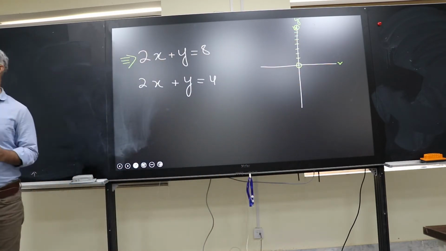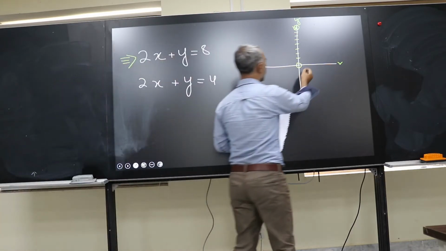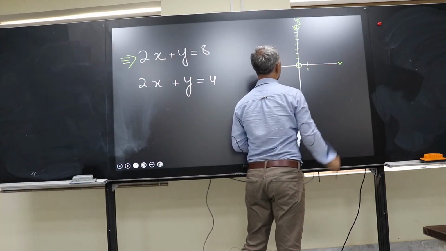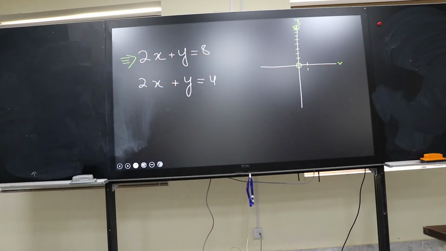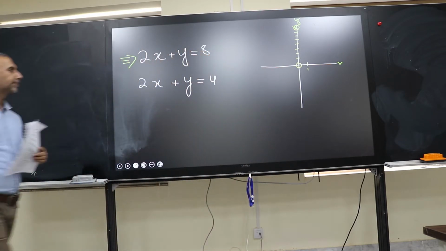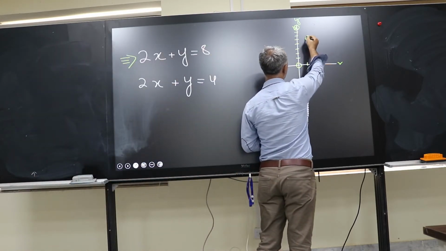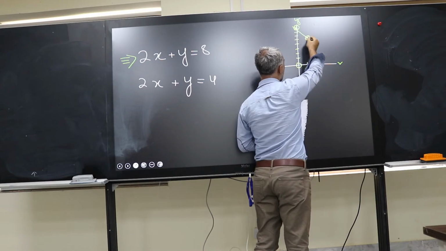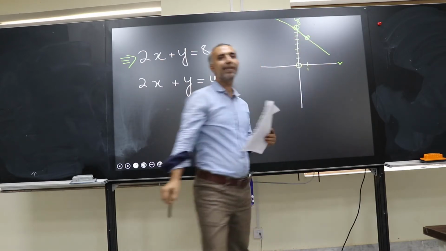If we assume x equal to 1, then the value of y will be 6. By connecting these two points and extending both sides, we get this line.